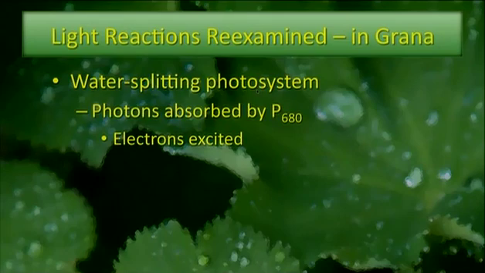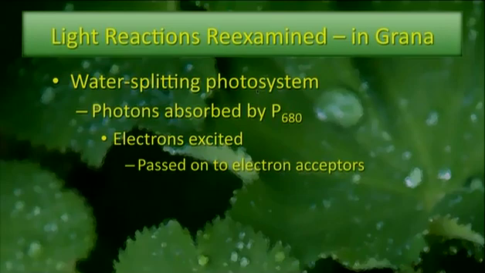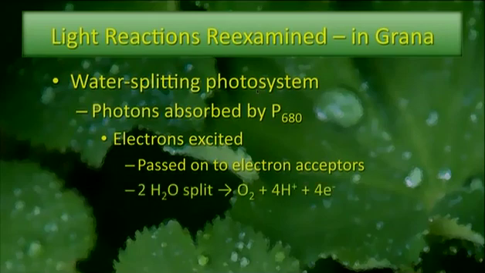They go back to their ground state fairly quickly, but for now they're boosted to a higher energy level, and then they're passed on to electron acceptors. What that does is it also splits water, and water then gives up oxygen gas, hydrogen ions, and electrons, like we talked about earlier.